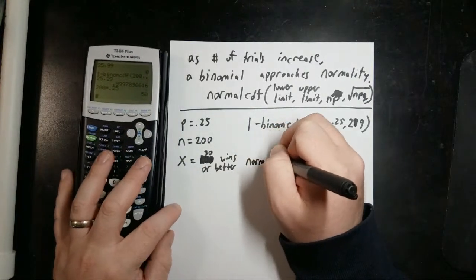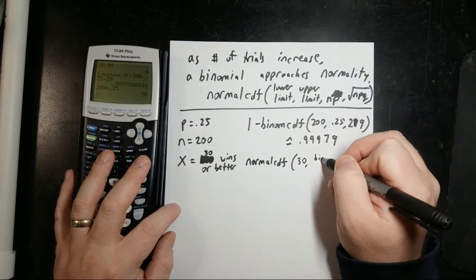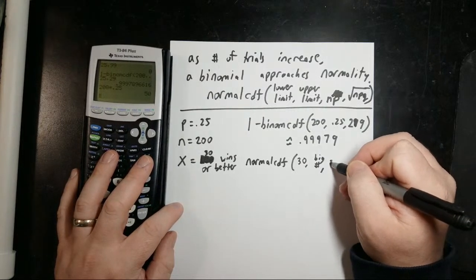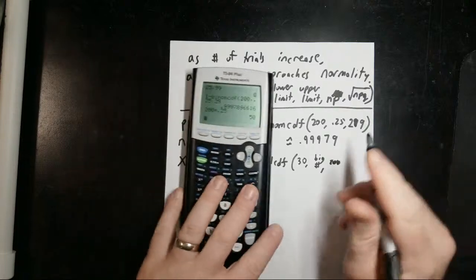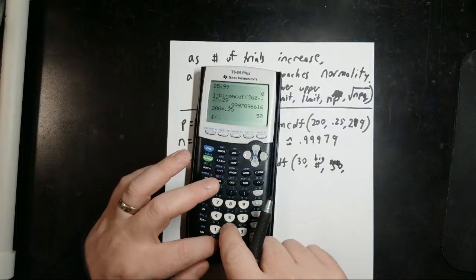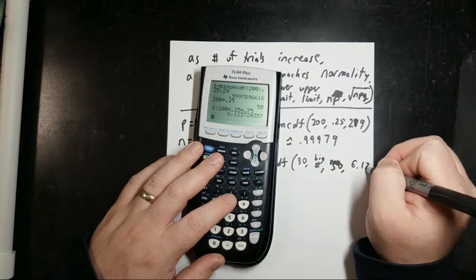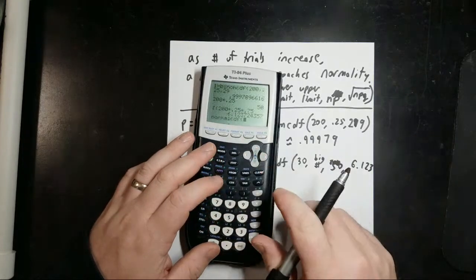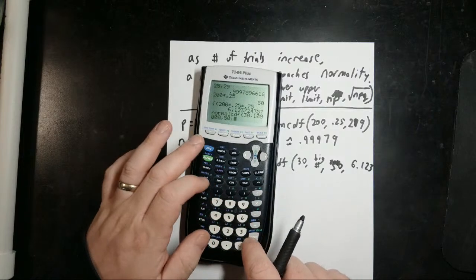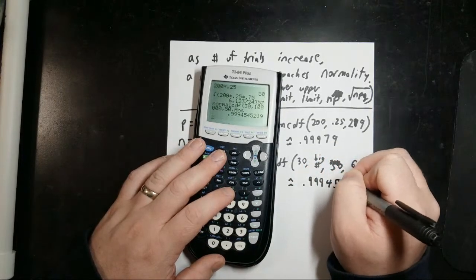If I'm going to be doing normalcdf, it would be 30 wins or better, comma, a big number, comma, 200 times 0.25, which is 50, I'm expecting 50 wins, comma, the square root of npq, which is 6.123. Yeah, that gives me approximately 0.99945.